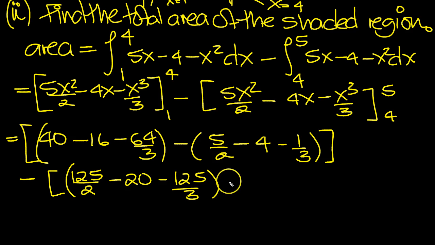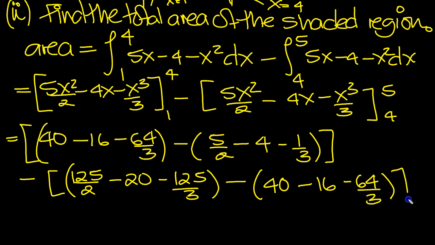Okay, and then it's that value, take away the 4 in, so put 4 in here, you get 16, so that's 40 again, isn't it? A 40 there. Okay, so that's a 40, minus 16, minus 64 over 3. Close that bracket, close that bracket.